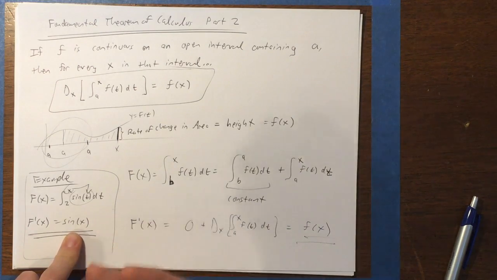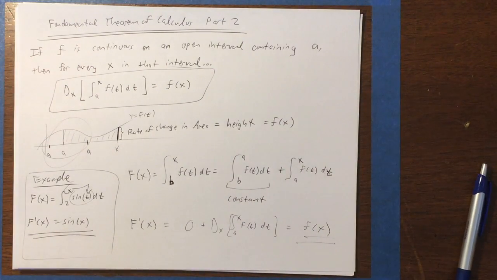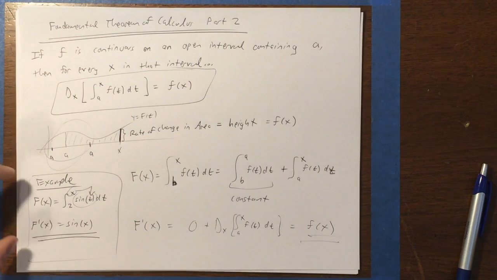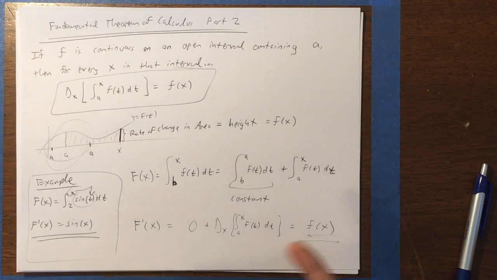So this part of the fundamental theorem of calculus really demonstrates the sense in which derivatives and integrals, and we're talking definite integrals here, area under a curve, are like inverses of each other, and they will undo each other in this way when you do a derivative of a definite integral, or a function defined using a definite integral.